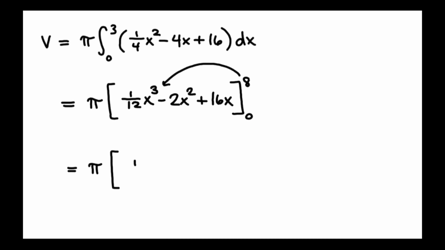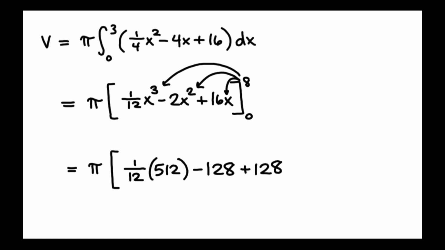There's a 1/12 on that. We'll put the 8 into here. 8 times 8, that's 64 times negative 2, that's going to be minus 128. However, 16 times 8 is positive 128. So they're just going to cancel out.